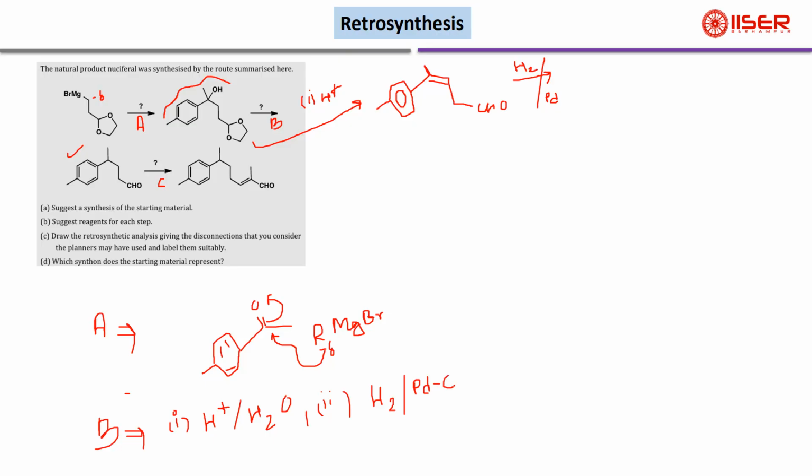In the next step, this group has been added. So you just perform Wittig of this compound. If you perform Wittig of this compound by using a specific Wittig, we can get this product.